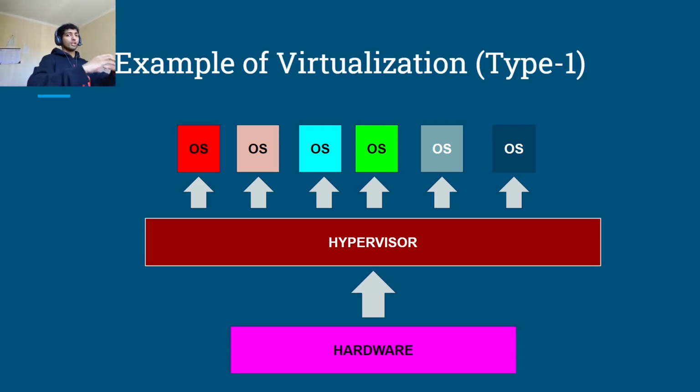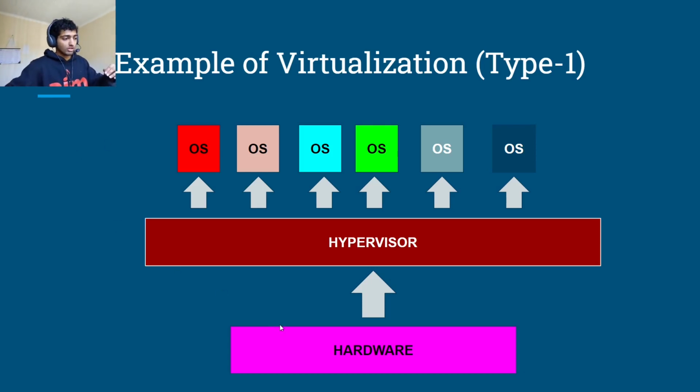In virtualization, there are two types, but the easiest way to understand this is if we look at type 1, which is literally your hardware at the bottommost layer, and then just above your hardware is something called a hypervisor. In the simplest terms, it manages the allocation of resources from your hardware to other operating systems that sit above it.